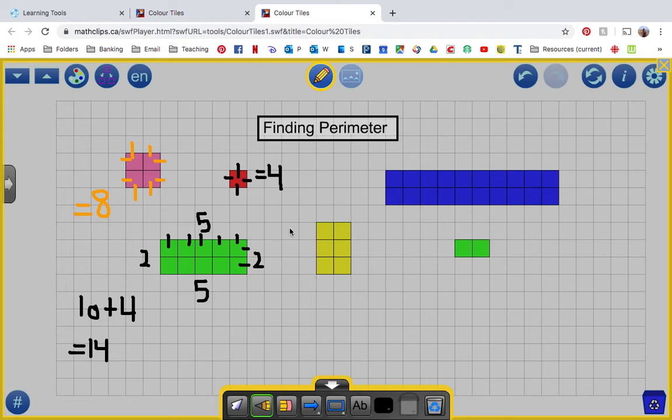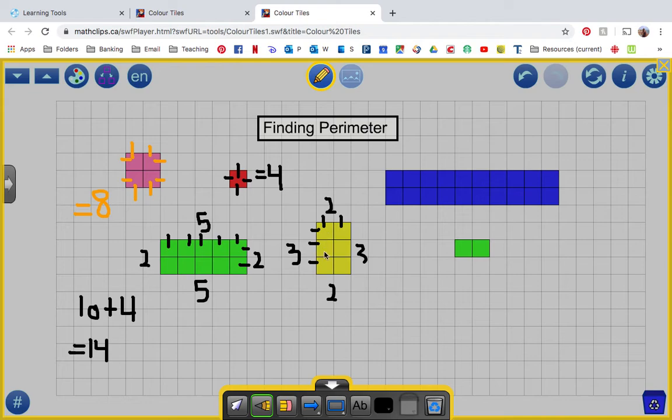Okay, so using that same logic we used here, we only counted 2 sides. We're going to count the yellow rectangle next. So we know we have 2 here, and we have 1, 2, 3 here. So I know that my rectangle's perimeter will be 3, 3, 2, and 2, because these are parallel lines and these are parallel lines.